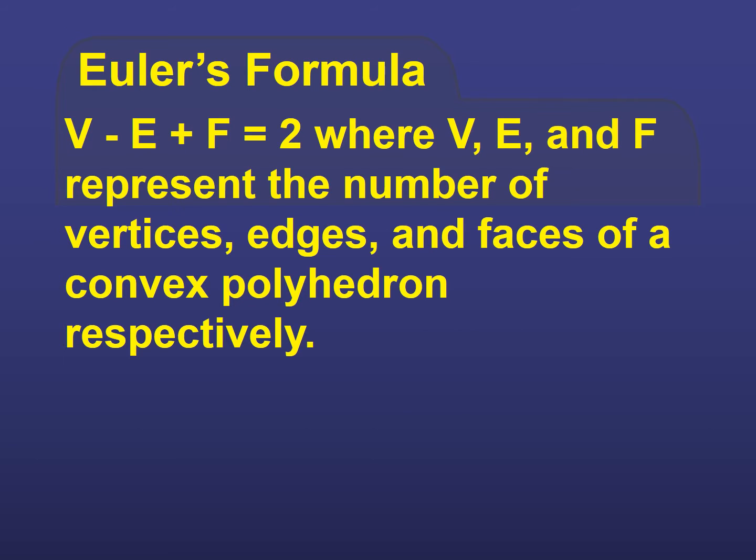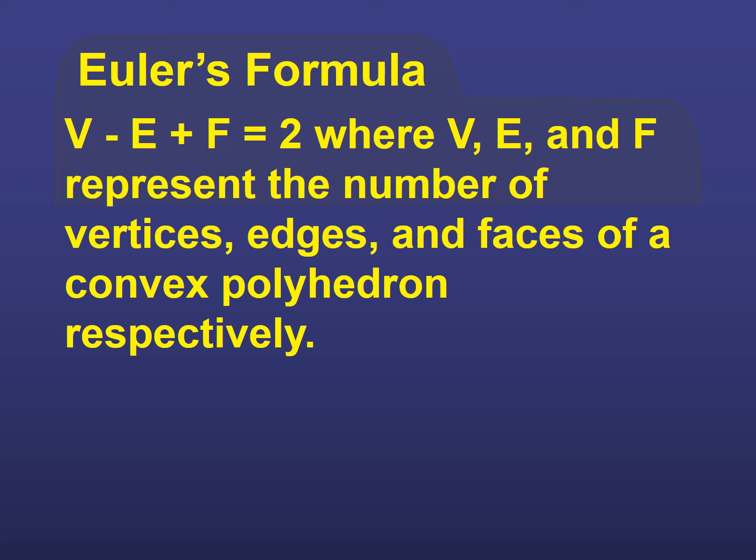Then we have Euler's formula, which says V minus E plus F is always equal to 2. So V stands for vertices, E stands for edges, and F stands for faces.